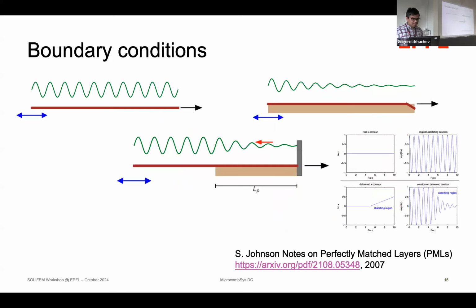So the way to do that is by coordinate transformation that is described in this paper over here. You should not have some reflection coming from your boundary surface, but the field that is going to hit your boundary layer should get attenuated and die down.